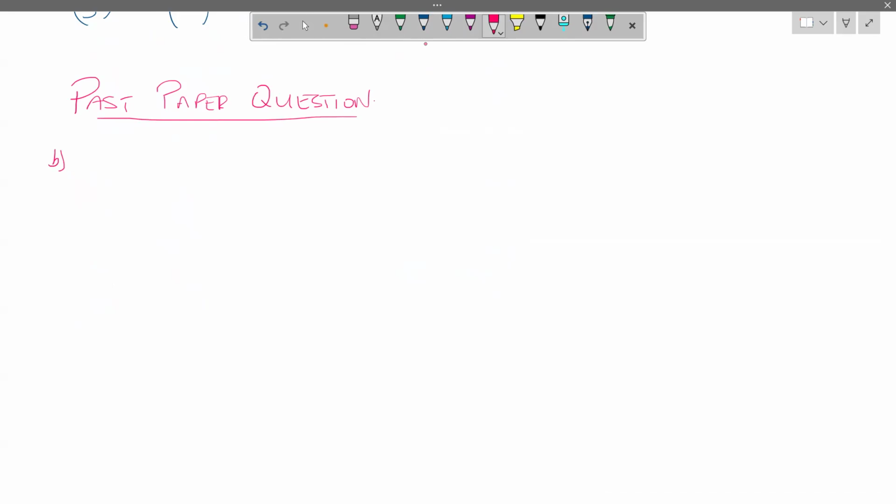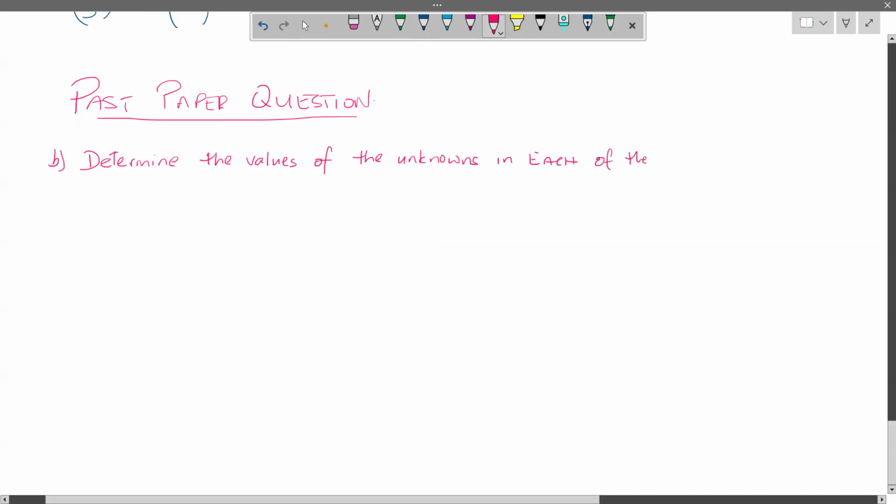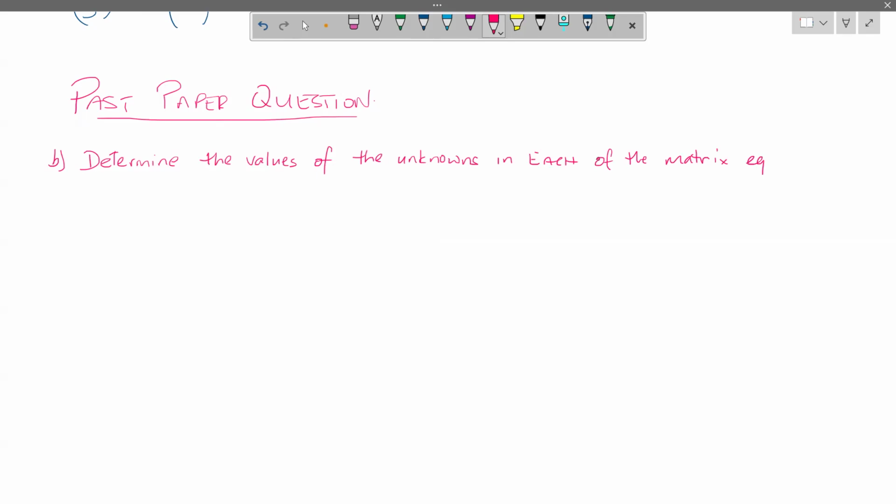The first one was: determine the values of the unknowns in each matrix equation below.